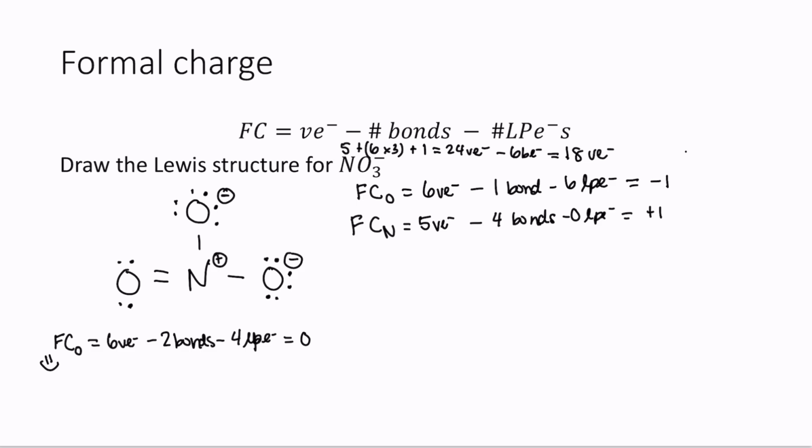Notice that the formal charge for this entire thing is going to add up to -1, which is good because I know nitrate has a -1 charge. So if you have a charge on your structure, then you need to include the brackets around your entire structure, as I have done here, and then the charge needs to be put outside of the bracket.